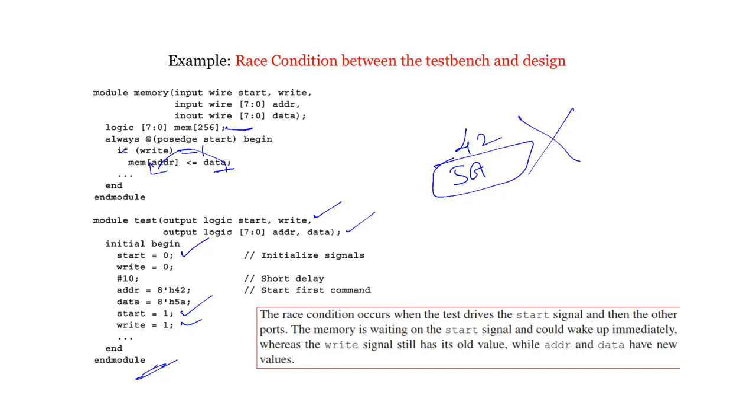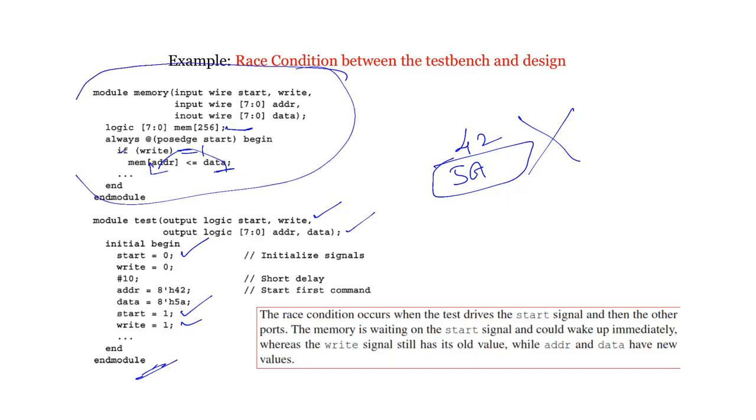Look at the initial block. Initial and always blocks are procedural blocks, and the statements within them are executed sequentially. So the first step is start equal to 0. As soon as the start signal is given, the program starts executing.